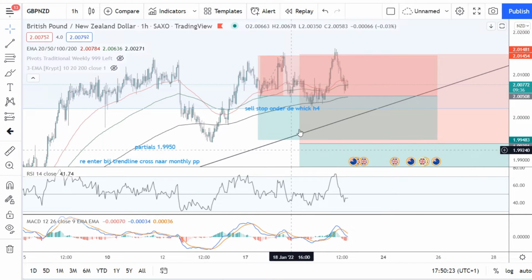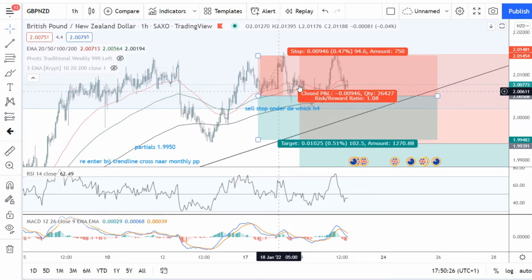And then finally nothing really happened, and then it again went to the upside, as you can see. And then about here it took another sell order, because it was a sell order. And then about here these two trades got closed with 1% gain, just what I wanted and expected to happen.